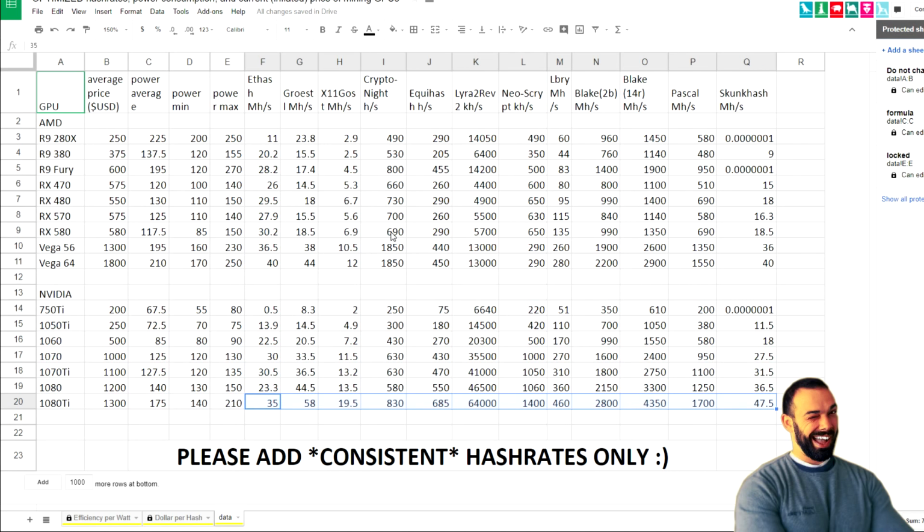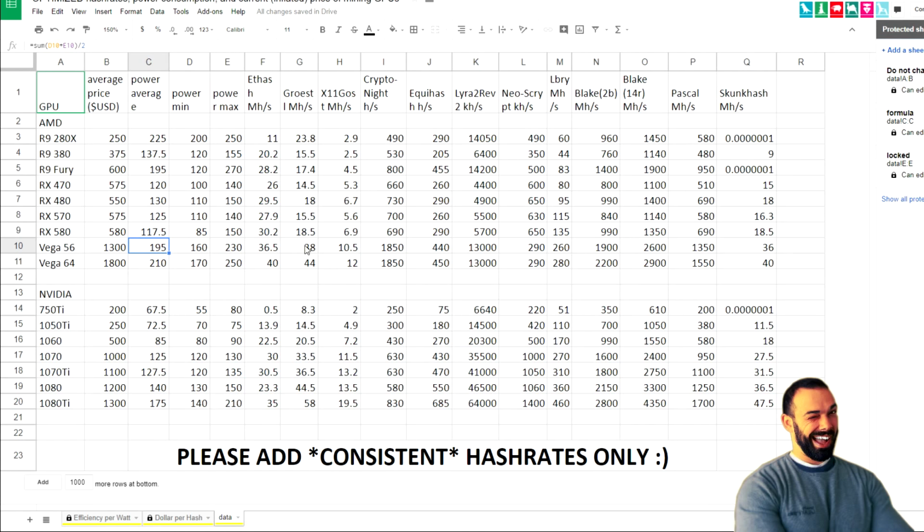Case in point, we saw how for Crypto Night, nothing beats the Vega 56 in terms of long-term efficiency, but its average power consumption is pretty high. It's a pretty high consumer of electricity. So on Crypto Night, it looks great for efficiency, but with Equihash, not so much. The hash rate is fairly low for how much power it's consuming.